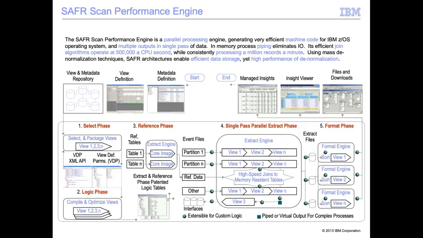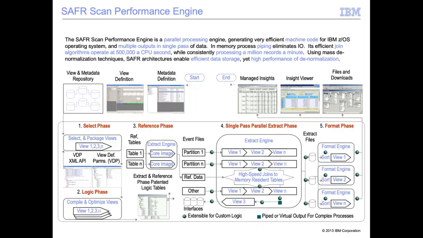The first part of the execution engine is called the select phase. The select phase is a process where you pass in parameters to what's called the performance engine. This whole bottom part of the screen is what we call the GenevaERS performance engine. You pass in parameters to say, in this execution of the performance engine, which views do we want to resolve?